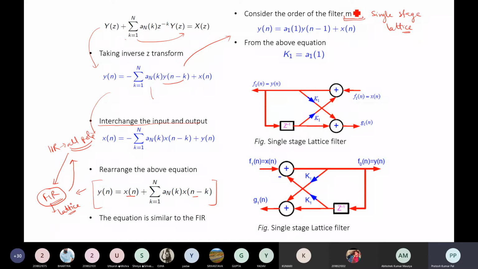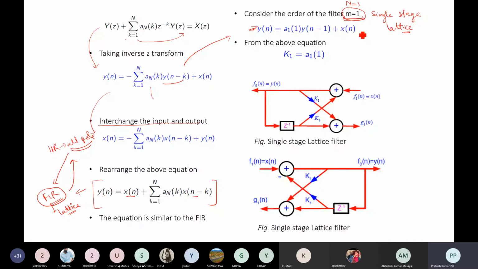Here m is 1, so just for reference it is given to be m, or we call it n equals 1. In case n equals 1, it comes out to be y of n is equal to a1 of 1 into y of n minus 1 plus x of n. So this will be the expression of the output.